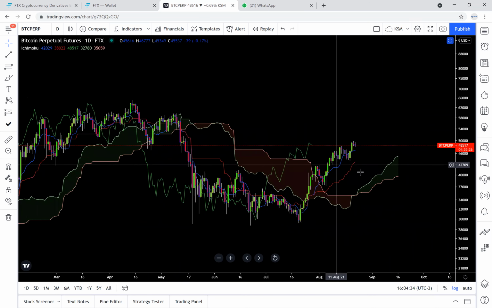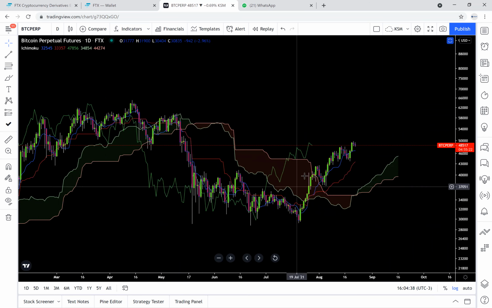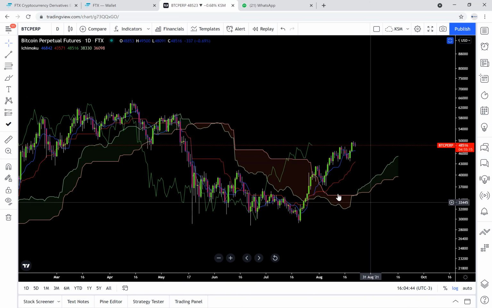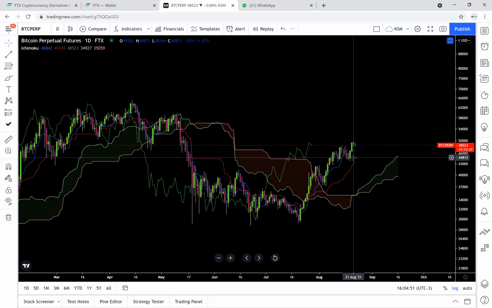All the Ichimoku metrics are above the price, above the cloud, which is a very good signal. But take note of this very well. Now look at the blue EMA and the red EMA. Price will always pull back to find support either above the blue EMA or at the red EMA, which is the Kijun. The Kijun is the red and the Tenkan is the blue.